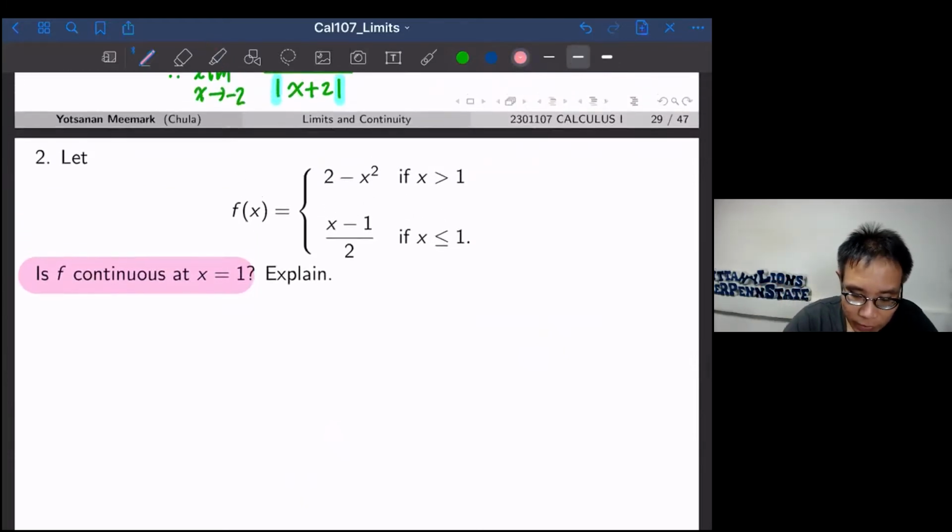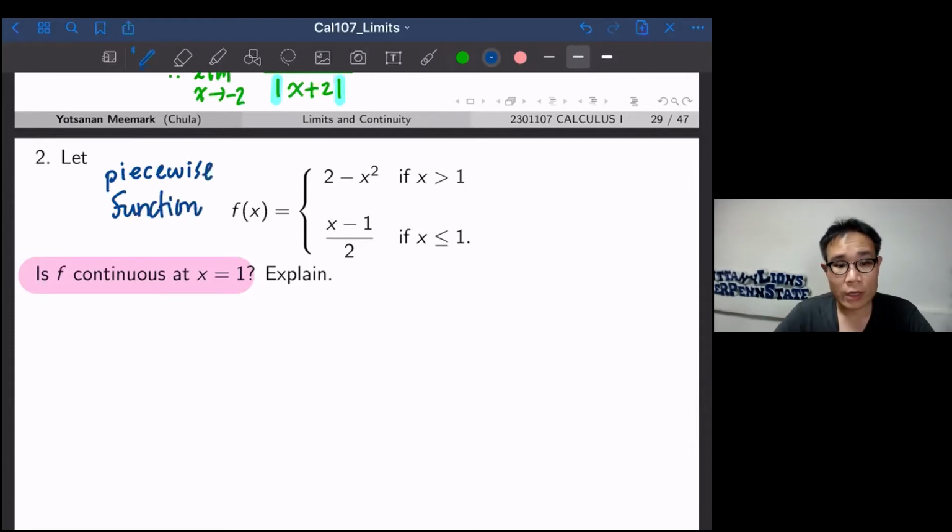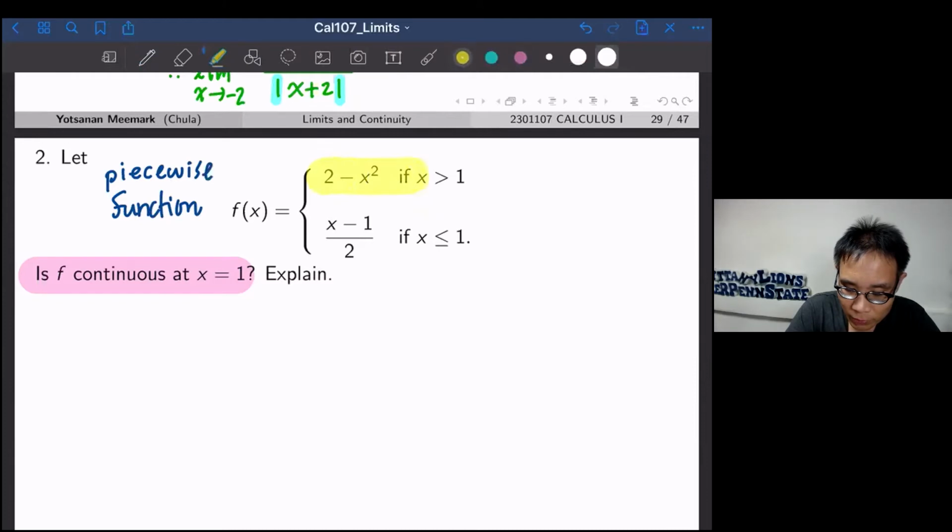This kind of function is called a piecewise function. It means you have two or more formulas for your function, the yellow formula and the blue formula, and you find the limit from the left and from the right to see whether they are the same.